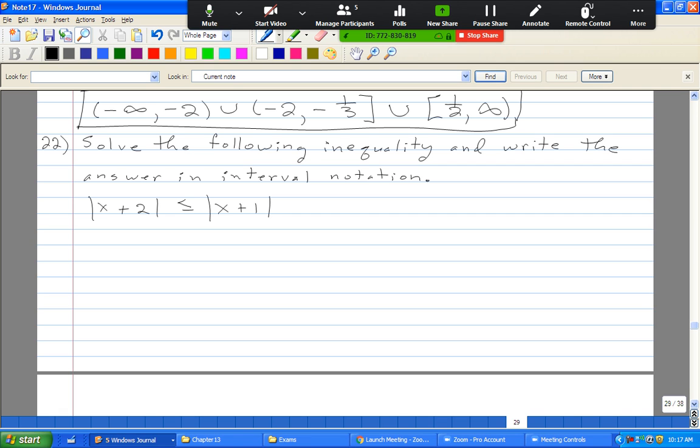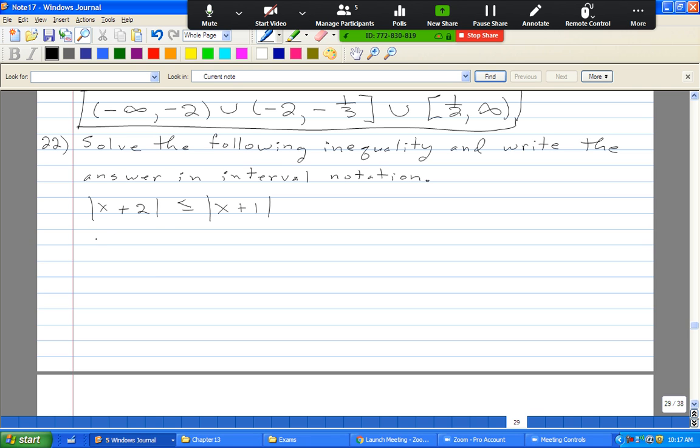So it's the absolute value of x plus 2 less than or equal to the absolute value of x plus 1. I can do this in one of two ways, I guess. And so let's do it this way.